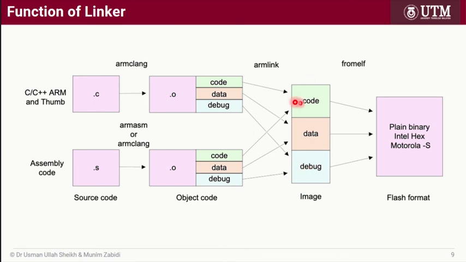So you come up with the executable image binary, and then this goes to your embedded system. So this is the function of the linker: to combine these object files, code, data, and debug, and to resolve all the unresolved symbols.